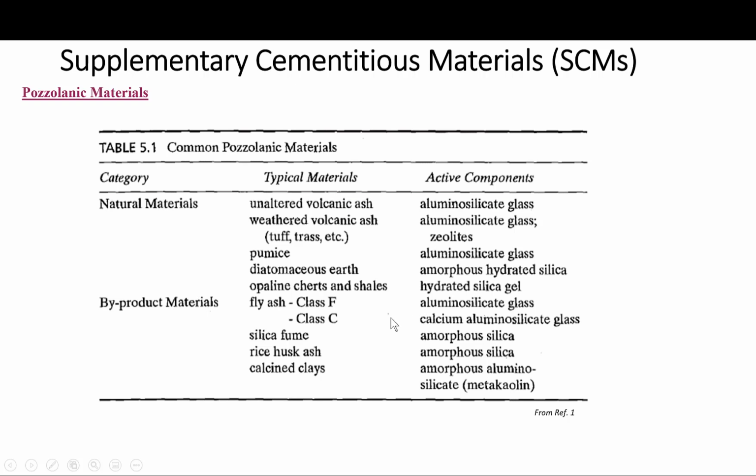That's why it exhibits some cementitious behaviors. The second one is silica fume, whose active component is amorphous silica. The rice husk ash is also amorphous silica. And we have the calcined clay or the metakaolin, the active component of which is the amorphous aluminosilicate.